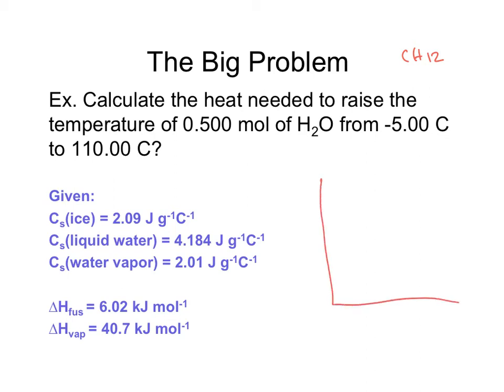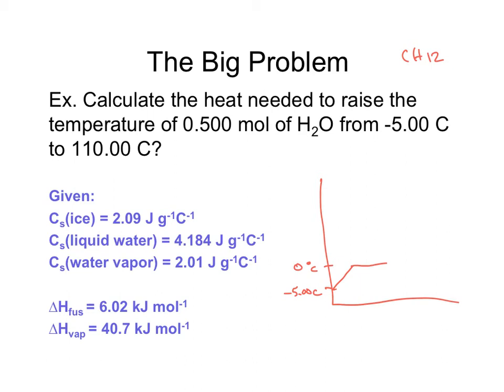So, in other words, you start with H2O at minus 5 degrees C. Then you raise the temperature up to 0 degrees C, so this is heating here, right? When it gets to 0 degrees C, you're going to get the phase transition, and you just add heat during that process.